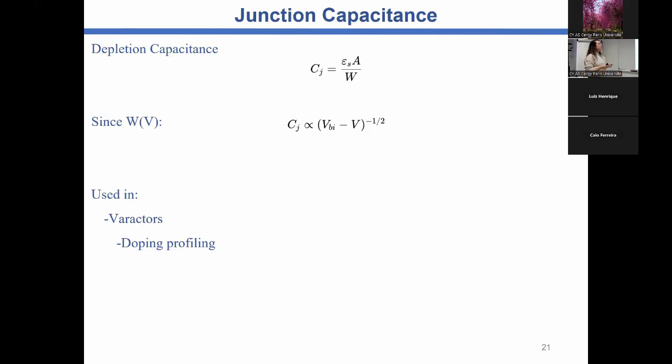So in terms of capacitance, the junction can avoid the traps, but also can store energy, and when you do the forward bias, for instance, you release this stored energy that you built up in your junction.